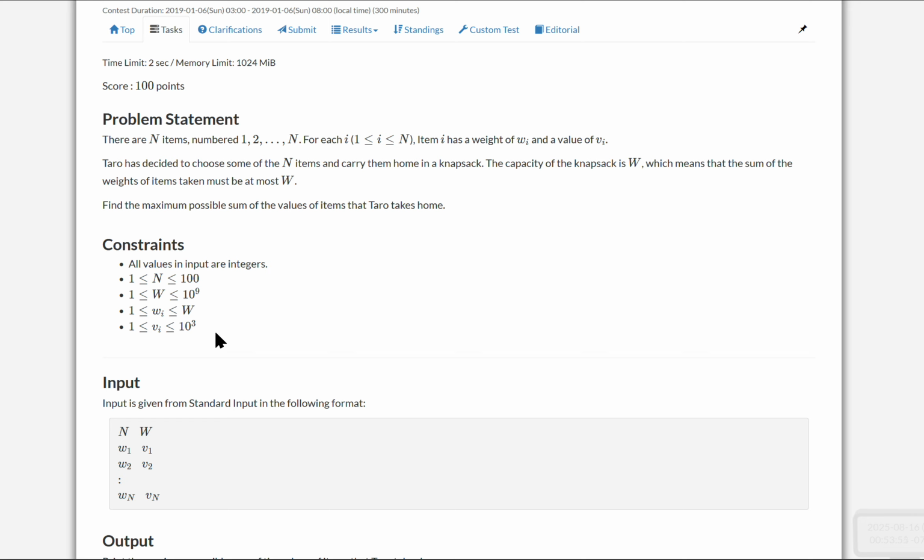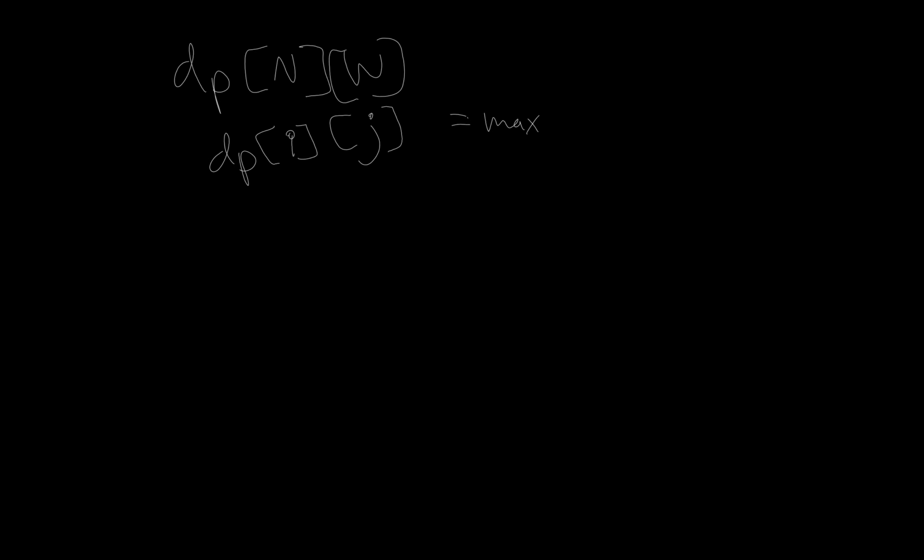In the classical knapsack, we store a DP of all the values and the weights, and we say, okay, using the first I elements, and given this weight, what is the maximum value?